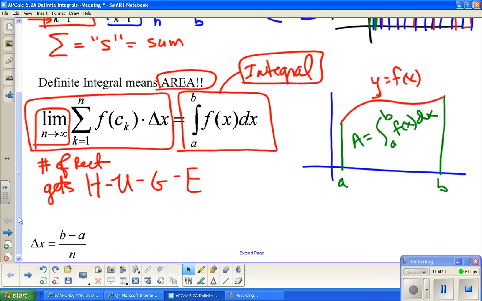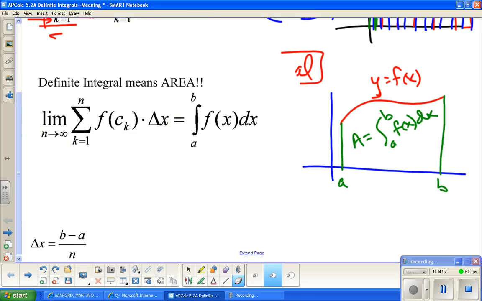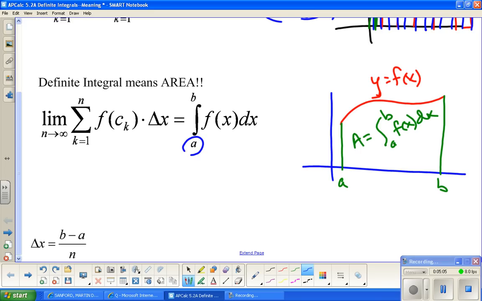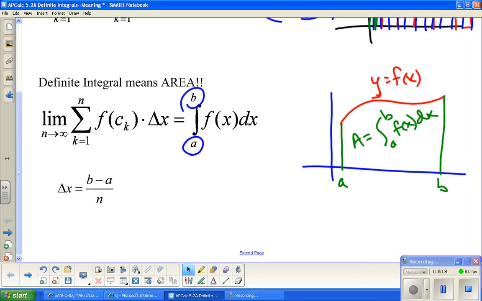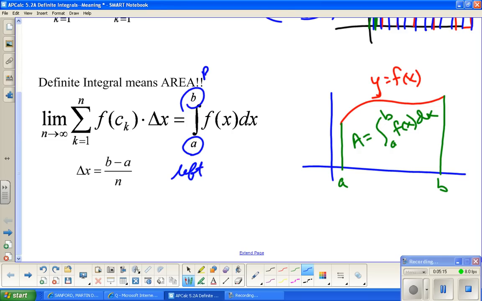Now let's talk about how this fits together. This a and this b are the same a and b that go with this, so this is the left end, this is the right end.